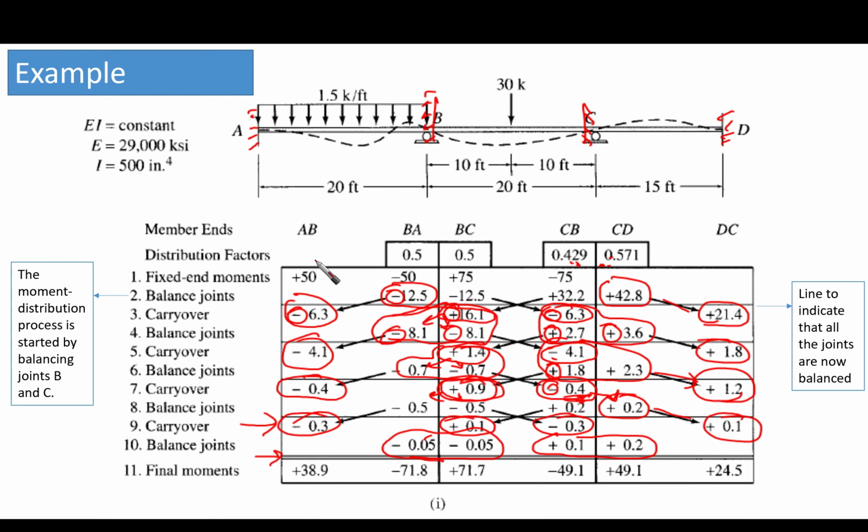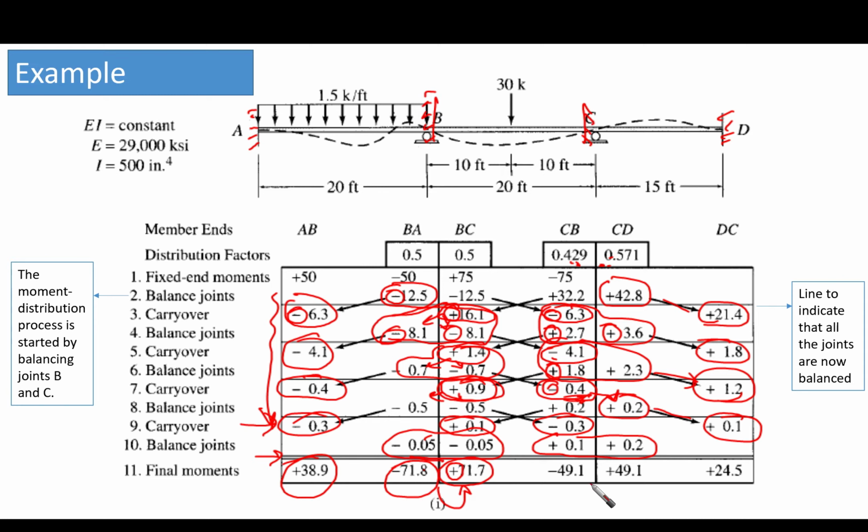What we are going to do, as usual, is sum up algebraically all the moments carried over at point A. We found 38.9, and at point B we sum up all of them, which gives minus 71.8. Then check by summing on the right; it should be the same magnitude but a different sign.